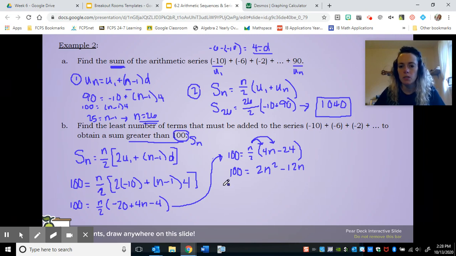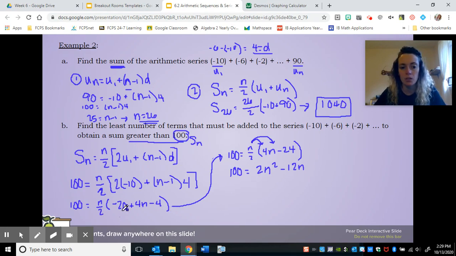But solving this for n, you have lots of different options. As you can see now that we've simplified that right-hand side completely, we're setting up a quadratic. So you could bring everything over to one side, try to factor and solve, or use the quadratic formula and solve.